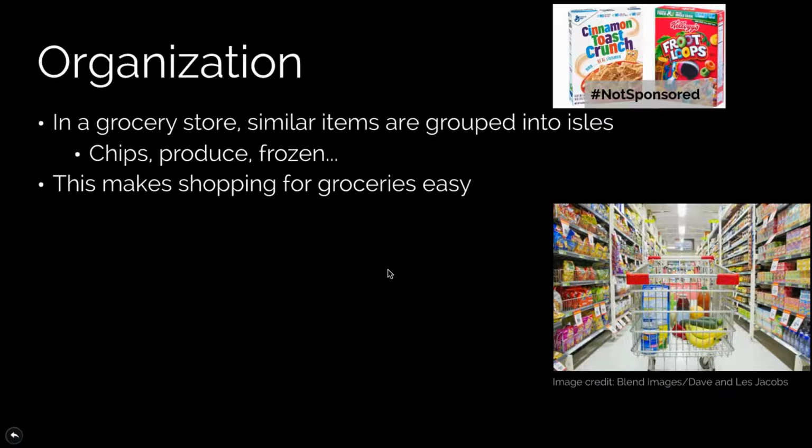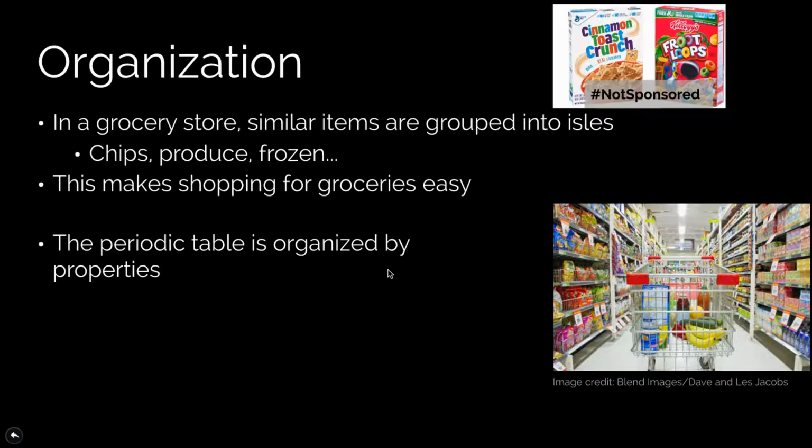You're not going to have to hunt around in the store for these different cereals just because they are named differently, because their names start with a different letter or something like that. That would be really, really inconvenient. All right, but the point that I'm trying to get to is that the periodic table is organized in a similar way, where we have different elements that are organized based on their properties.